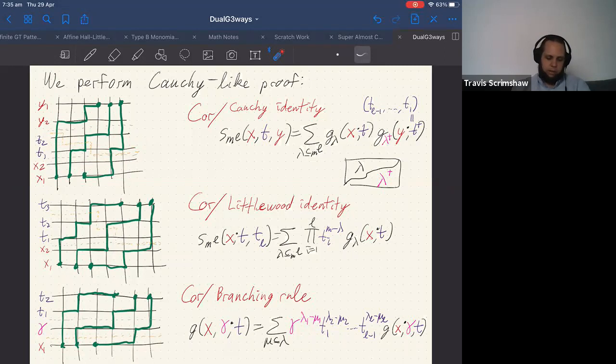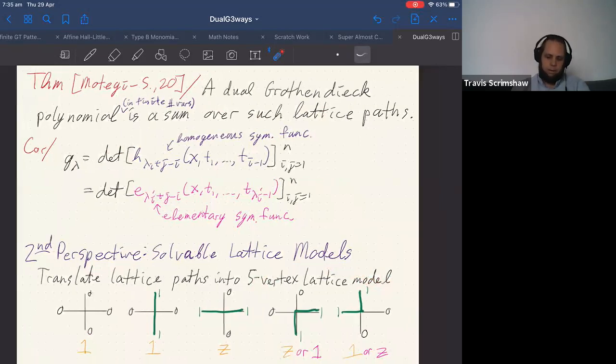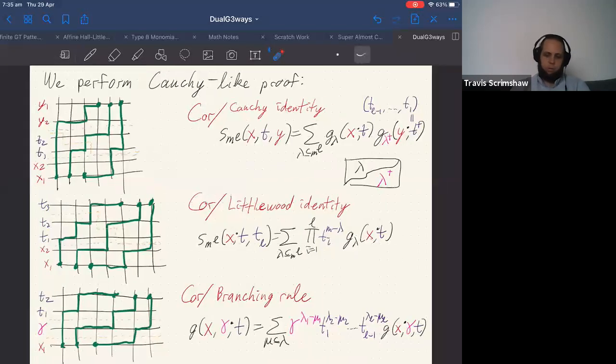And so this dividing line here gives us a way to break this bottom half into a Grothendieck, and then this top half into a Grothendieck. But this top half is actually using the opposite choice here because of the 180-degree rotation.